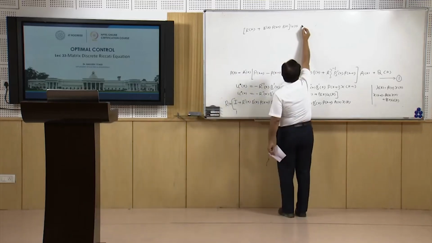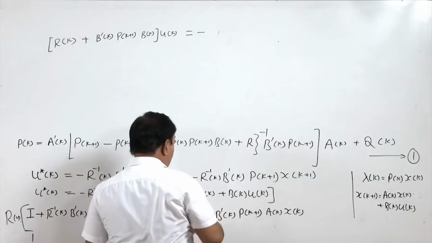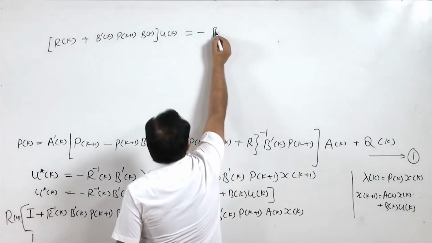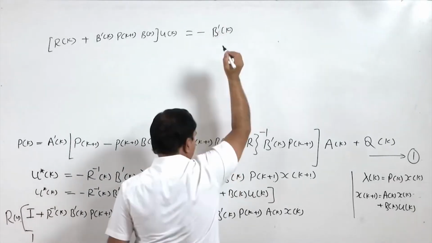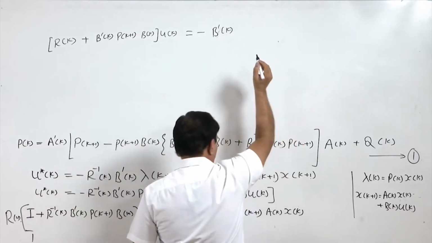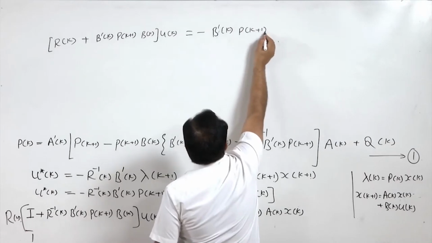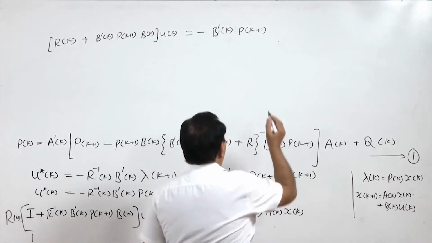On this side I have minus, R inverse will become unity here, B prime(k) P(k+1) A(k) x(k).